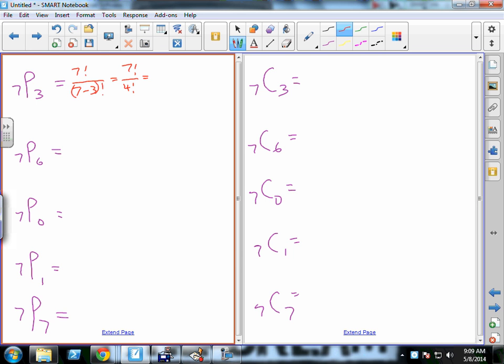So that's 7 times 6 times 5 times 4 times 3 times 2 times 1 all over 4 times 3 times 2 times 1. Can anything there cancel? Four, 3, 2, 1's all going to cancel. 4 times 3 times 2 times 1 in the denominator cancels 4 times 3 times 2 times 1 in the numerator. So we've got 7 times 6 times 5.